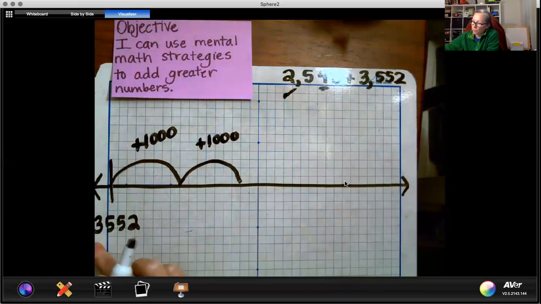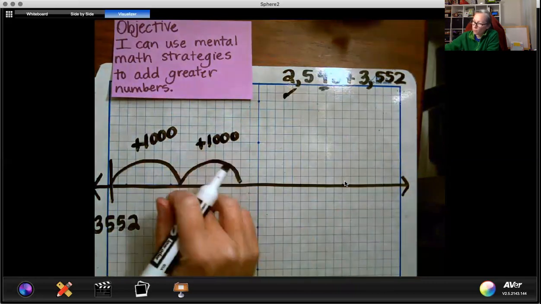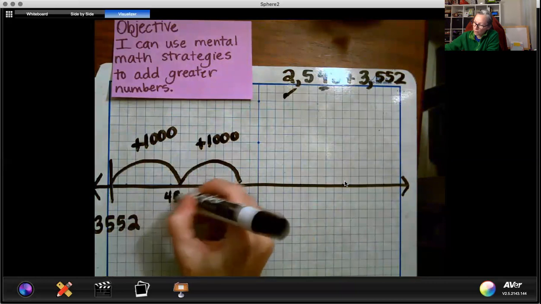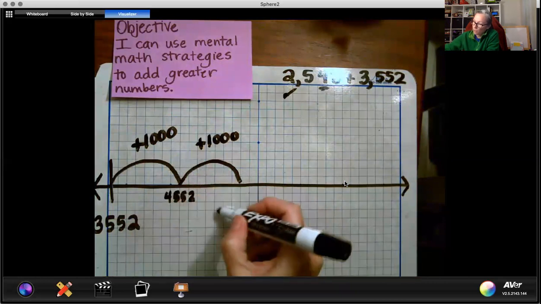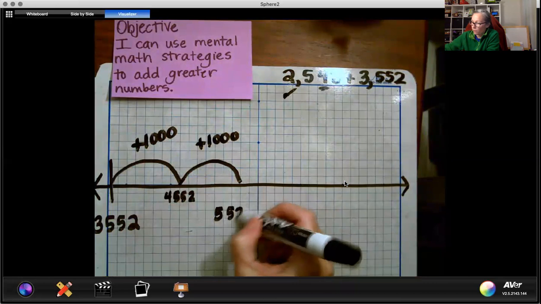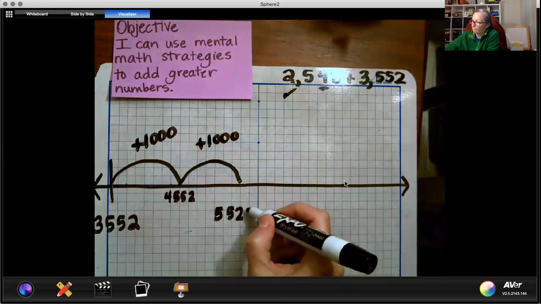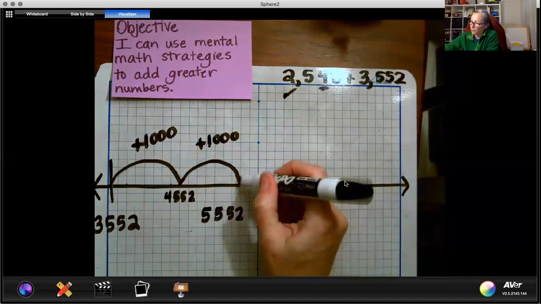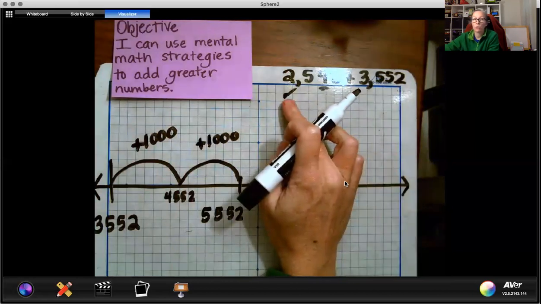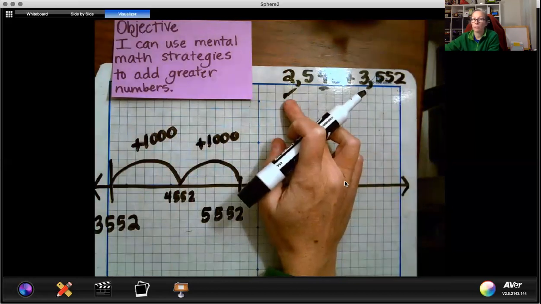So if I were on 3,552, 1,000 more would be 4,552, and another 1,000 after that would be 5,552. Okay, so now I have taken the 2,000 and I have made my jumps.